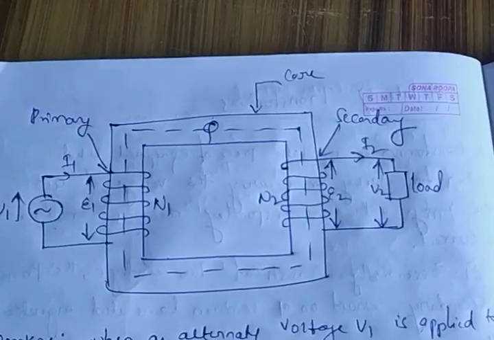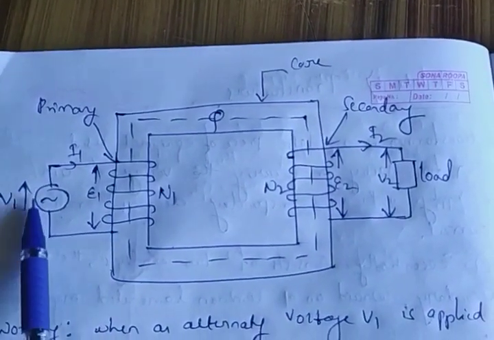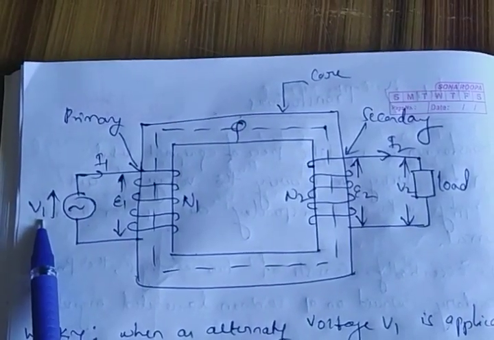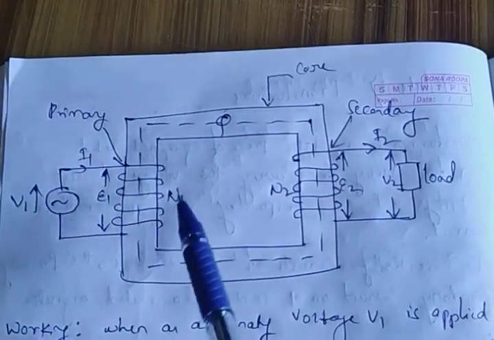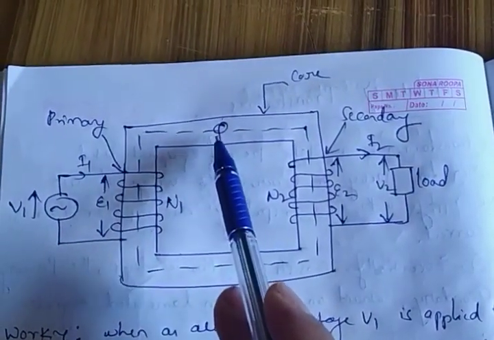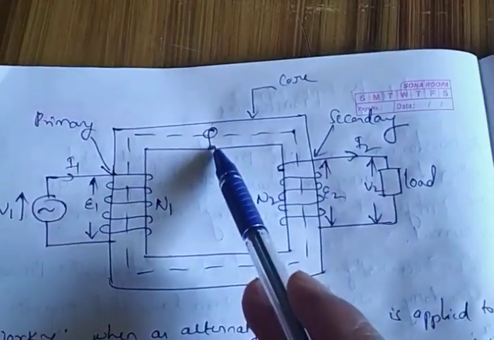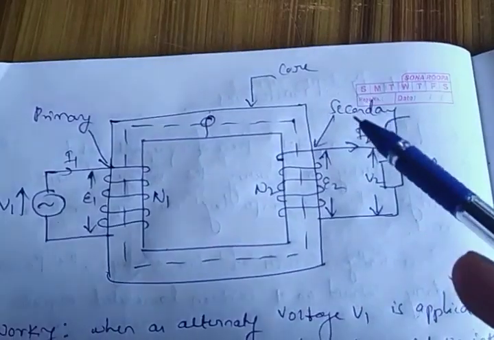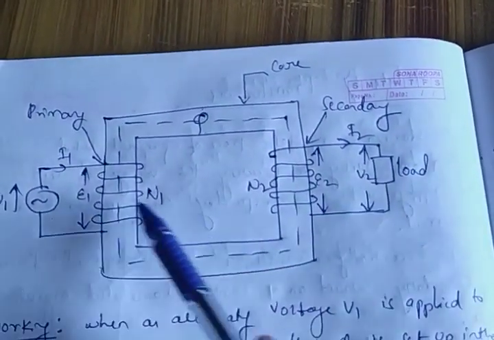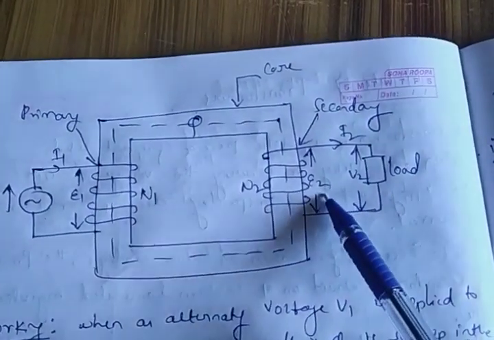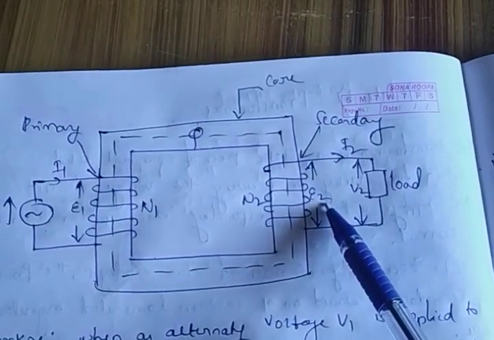Now I will explain the working of the transformer. See, when an alternating voltage V1 is applied to the primary, an alternating flux phi is set up in the core of the transformer. This alternating flux phi links both primary and secondary windings and induces EMFs E1 and E2 according to Faraday's electromagnetic induction.